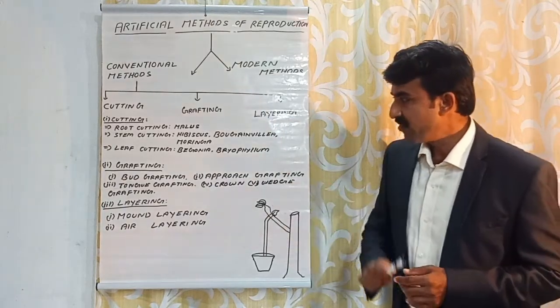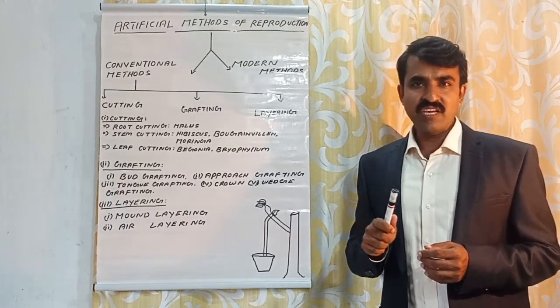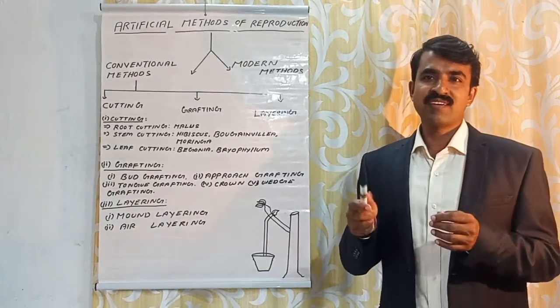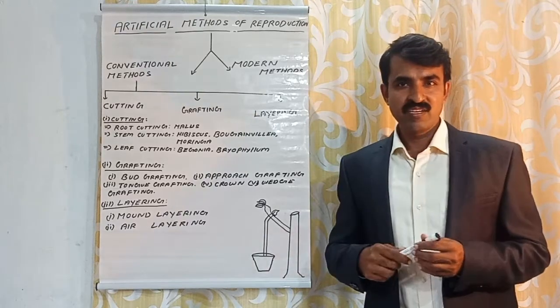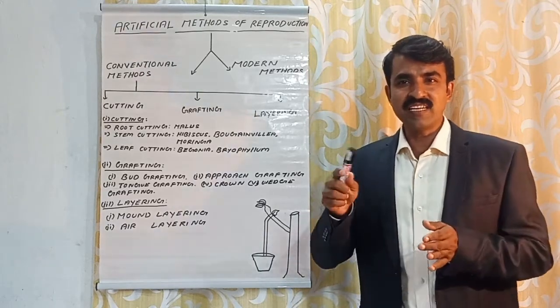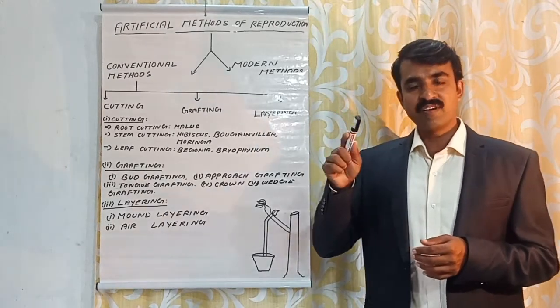The third one we are going to discuss is the tongue grafting. In tongue grafting, make a sloping cut in the rootstock with a tongue pointing upward. Make a matching cut in the scion wood with a tongue pointing downward.